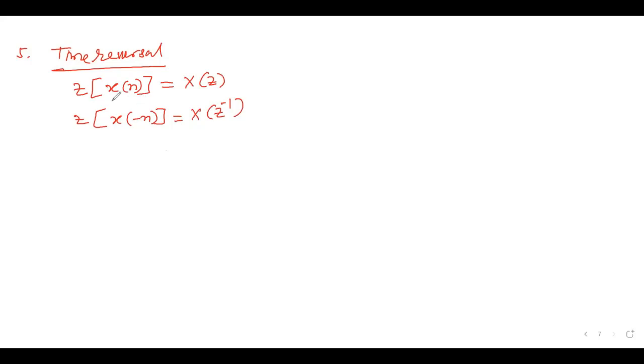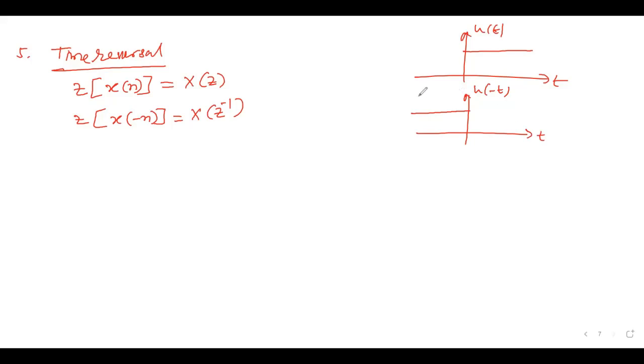Just reverse the signal. You know u(t) and u(-t) is the reversal. Similarly here, if you have a signal x[n] and its z transform is X(z), then the z transform of x[-n], which is the reversal of x[n], can be found by replacing z by z inverse. All right, let us prove.